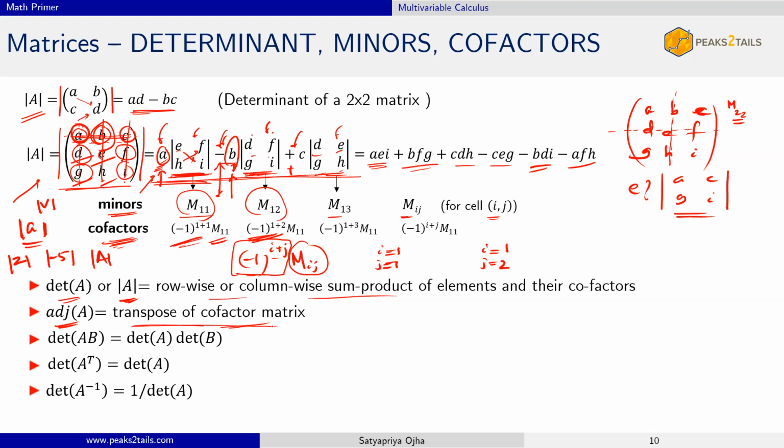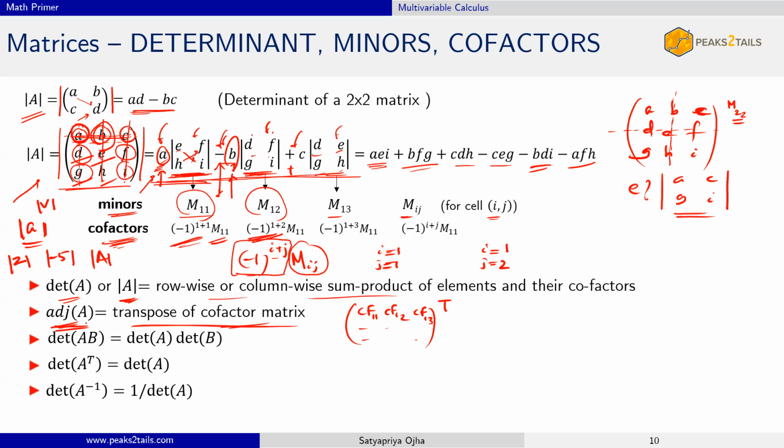So for every element you can calculate the cofactor, CF11, CF12, CF13, etc., and you'll get a 3 by 3 matrix of cofactors. Take the transpose, that's the adjoint of A.